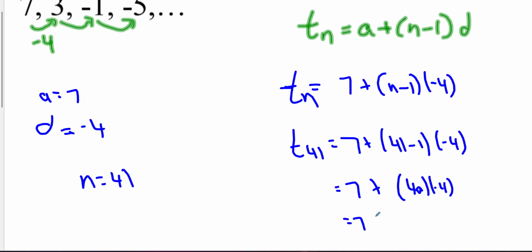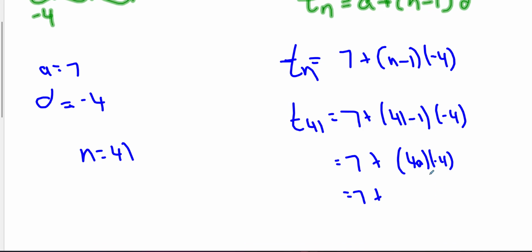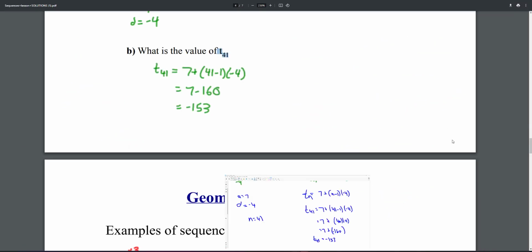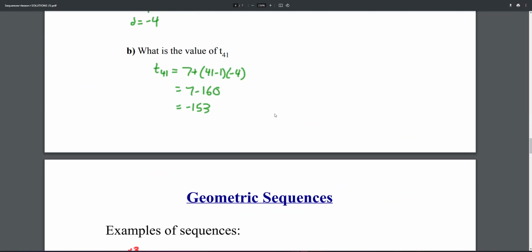And 40 times -4 is, what's 4 times 4? Is it 16? So yeah, 160, and it's negative because it's the -4. So that's going to be -153. That means my 41st term is -153. And that is the answer.